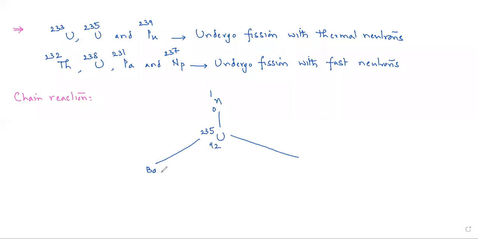Let us say barium and krypton. At the same time, we get 3 neutrons, and of course some amount of energy.